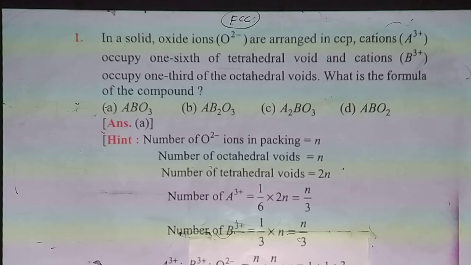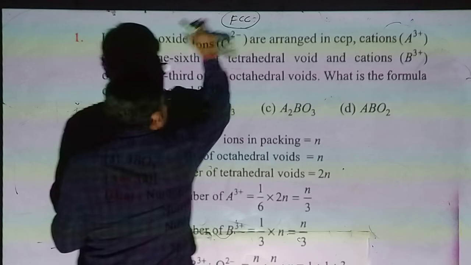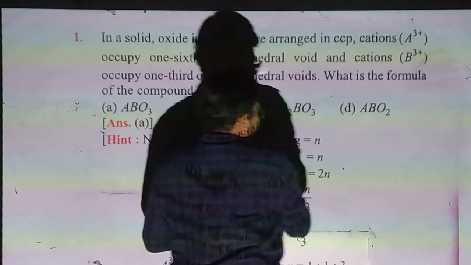Cation A plus 3 occupies 1/6 of the tetrahedral void and cation B plus 3 occupies 1/3 of the octahedral void. What is the formula of the compound?